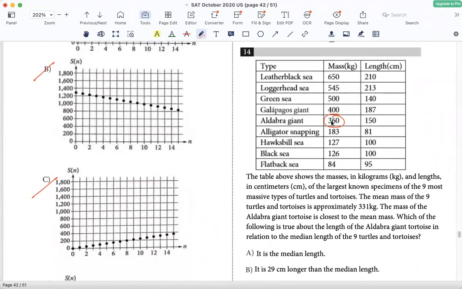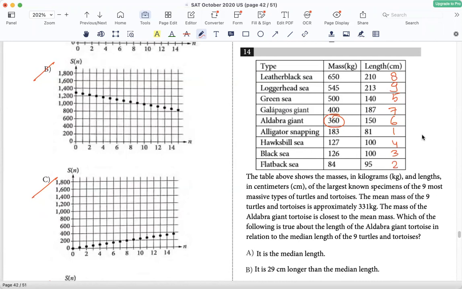Which of the following is true about the length of the Aldabra giant tortoise in relation to the median length of the 9 turtles? Okay, so let's first put the lengths in order: 1, 2, 3, 4, 5, 6, 7, 8, 9.